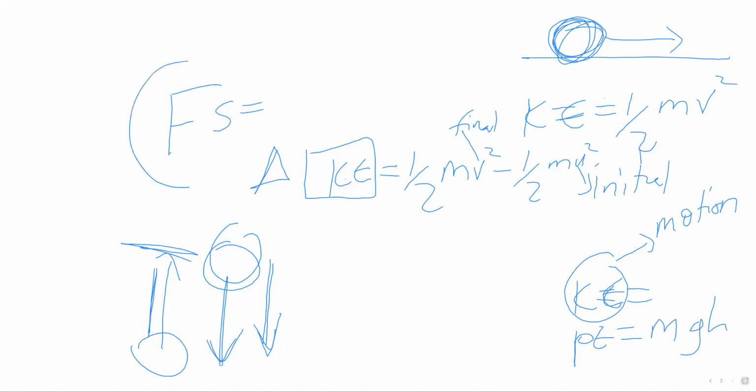So the work we are talking about is just a change in kinetic energy, because work is also considered as just a change in energy, and in this case, the change in kinetic energy.